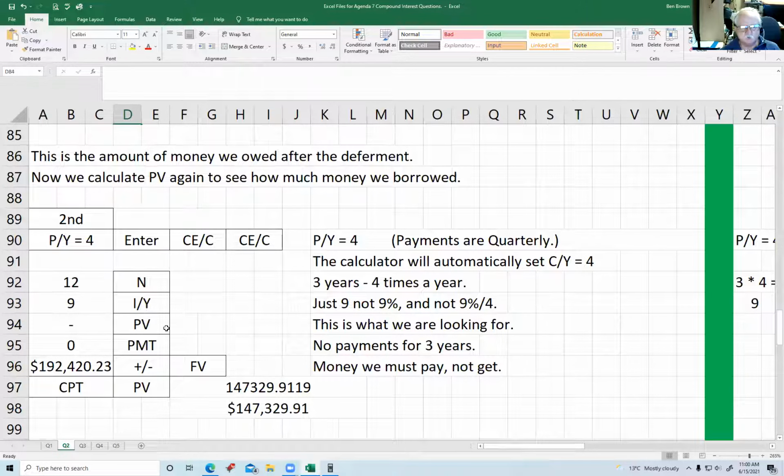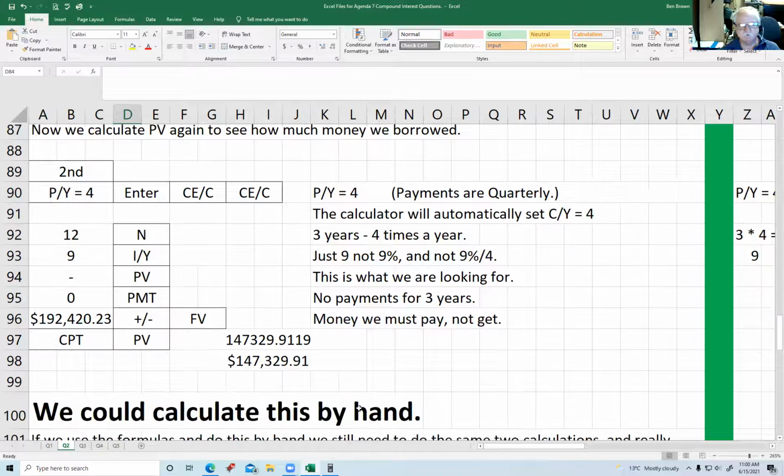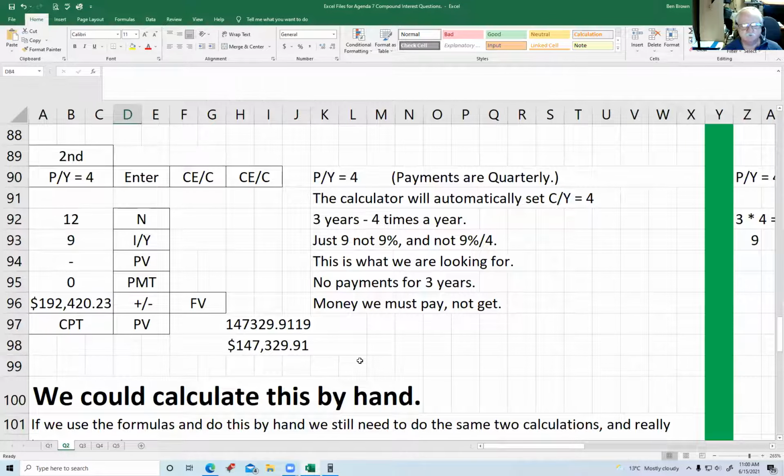We can ignore present value. During this time period, we made no payments. This was the deferment. And the future value is the number we generated from the previous calculation. And we've rounded it to 2 decimals. We compute the present value and we get the same 147,000 that we borrowed.